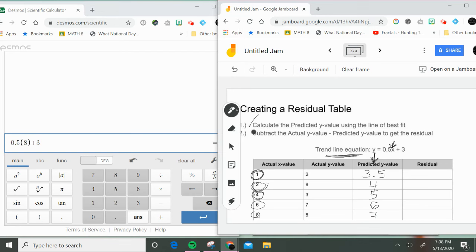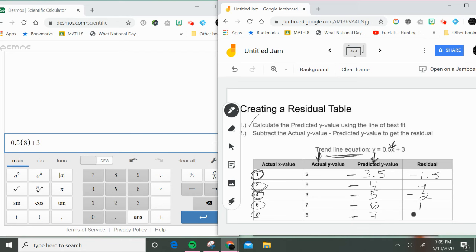So we calculated the predicted y values, and now we're going to subtract: the actual y value minus the predicted y value. We always want to do actual minus predicted. So I'm going to do 2 minus 3.5, which gives me negative 1.5. 8 minus 4 gives me 4. 3 minus 5 is negative 2. 7 minus 6 gives me 1.